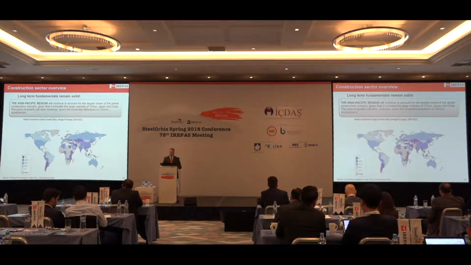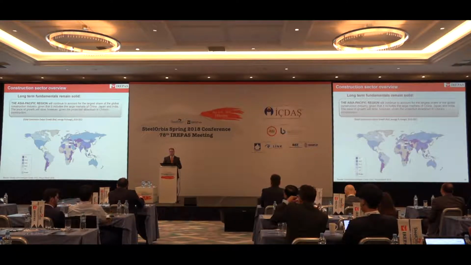But the most important area in the world for the construction sector for us is the Asia and Pacific region, because in this area we can find China, Japan, and India. The construction in these countries will slow down. The growth of the construction output will slow down.